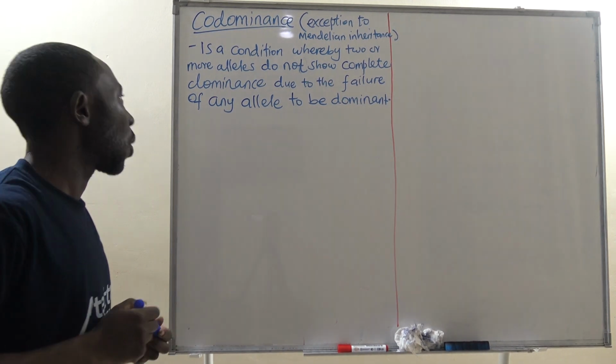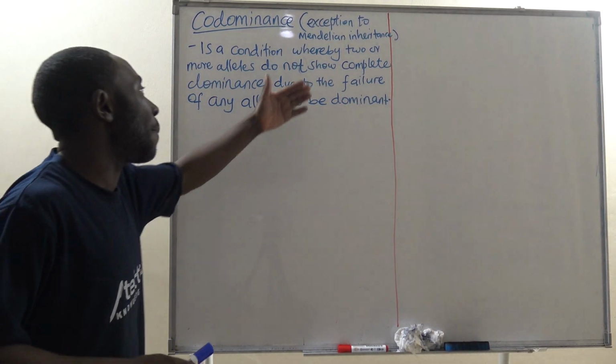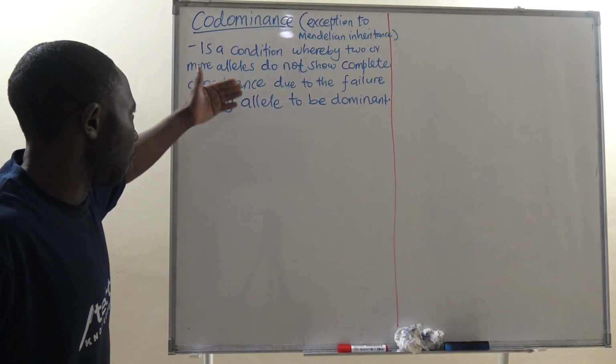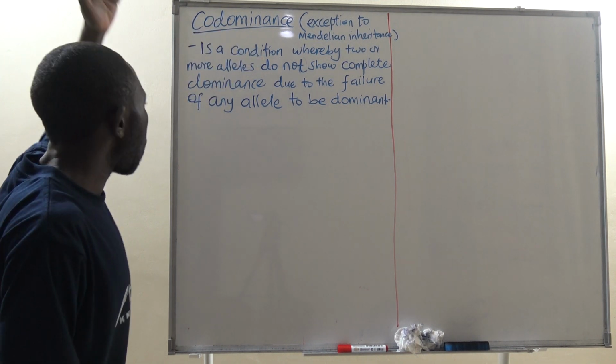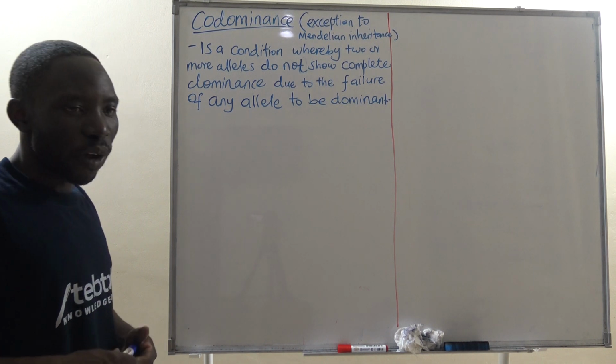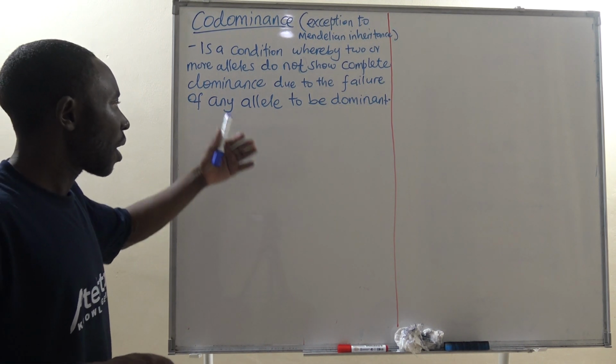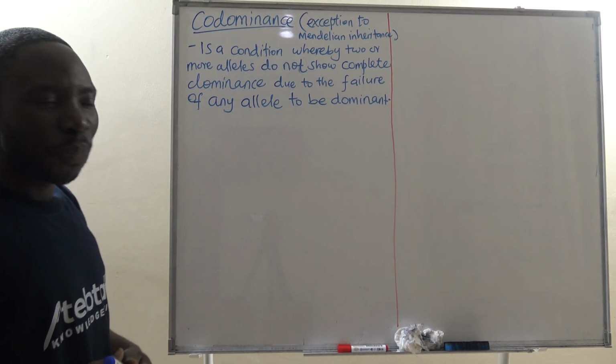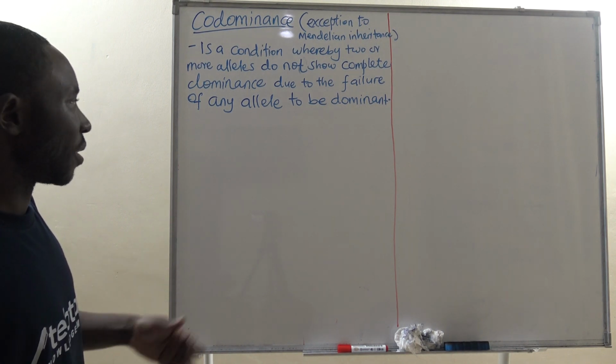That's what we call codominance, a condition whereby two or more alleles do not show complete dominance due to the failure of any allele to be dominant.